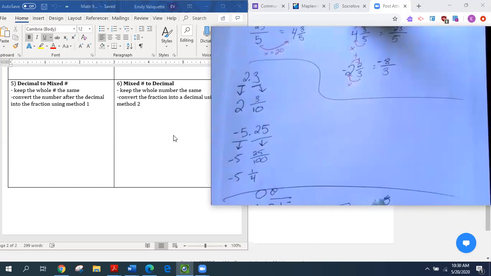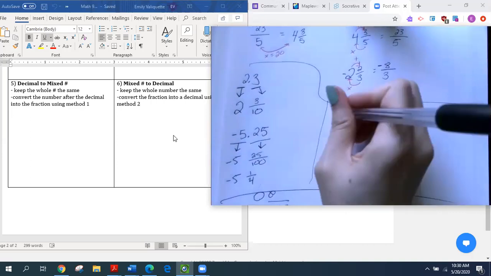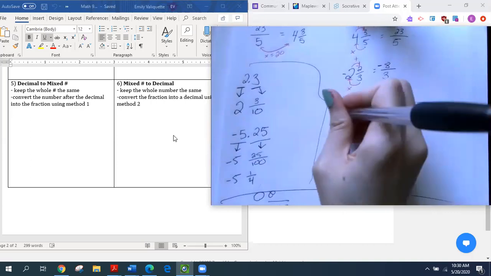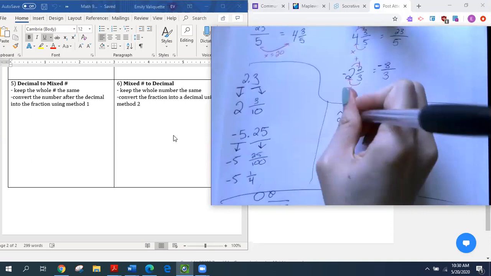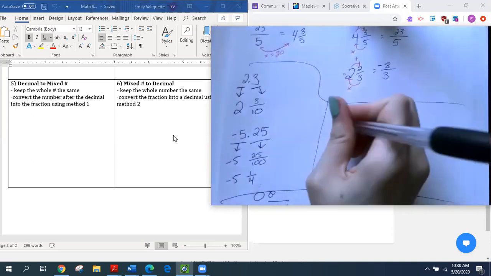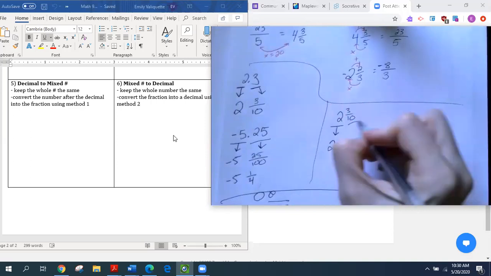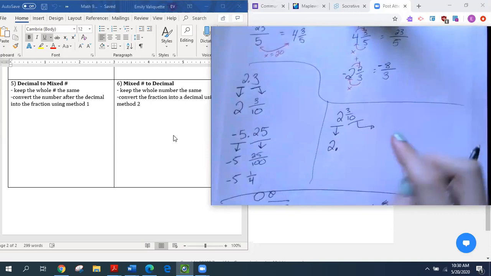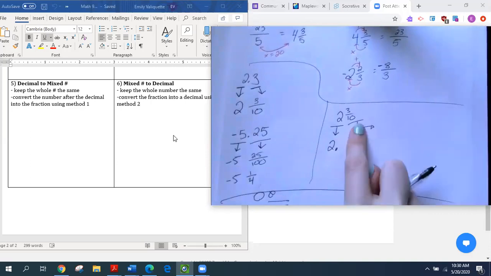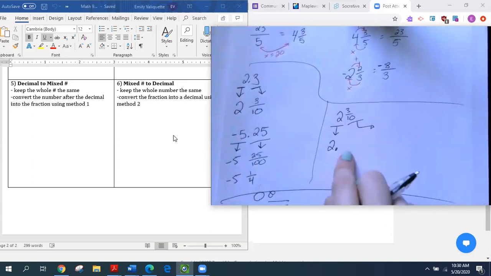Okay, if you're going the other direction, so if you start with, say, 2 3/10 and need to get a decimal, you're going to keep the whole number. And then for the fraction portion, to get the decimal portion, you have to divide it out.